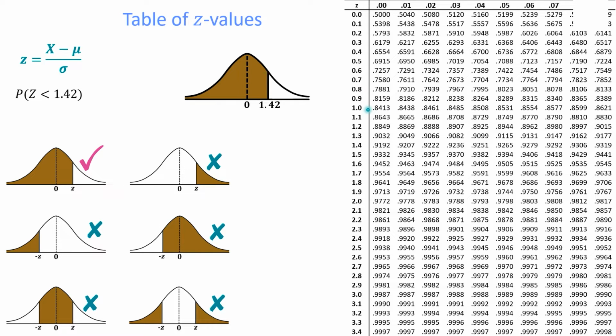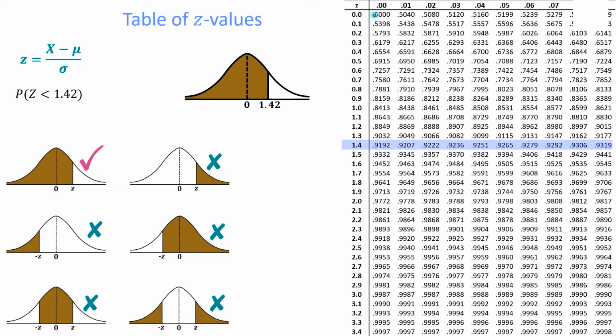Okay, so how do we use the table? So 1.42 is our z value, so we read this up to the first decimal place, so 1.4. So go down your first column to 1.4, and you have some possible probabilities. So this is the probability for it being less than 1.40, 1.41, 1.42. So this is the one we're looking for. Just to double check this, we can see that the second decimal place has a digit of 2.